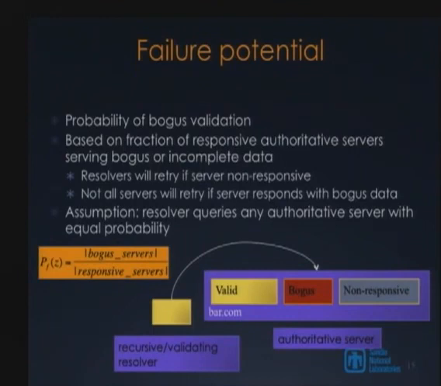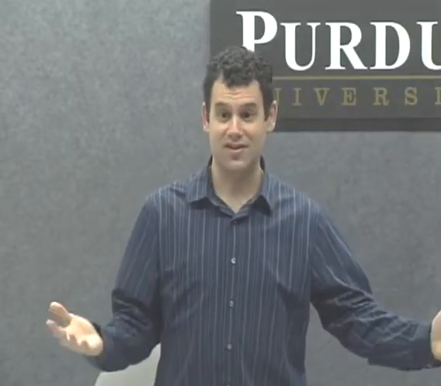So now here's one of the issues: it's not cut and dry that you're either going to get a failure or a success when it comes to DNSSEC validation. The reality, partially because DNSSEC is so new in terms of implementation and deployment, is that sometimes you're getting a mixed bag where there's a possibility of failure because some of your servers aren't serving the same data. They're, again, inconsistent responses.